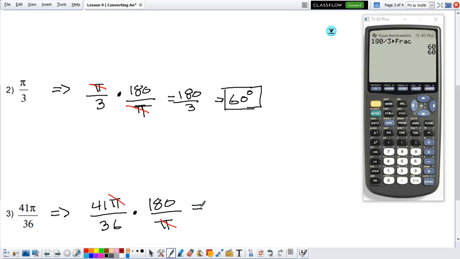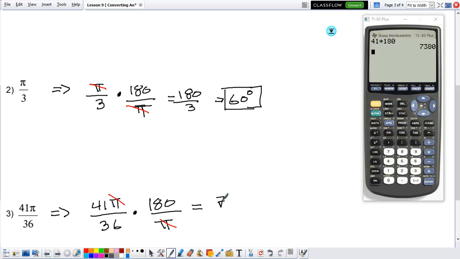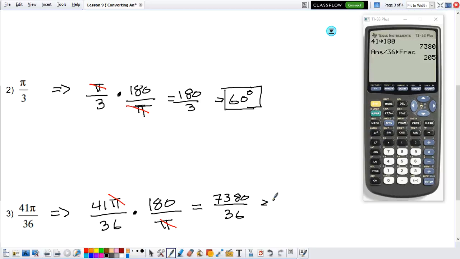Now let's look at the numerator: 41 times 180 is 7380, divided by 36. Well, let's see what that gives me. I'm going to press math, fraction, enter, and that gives me exactly 205 degrees.